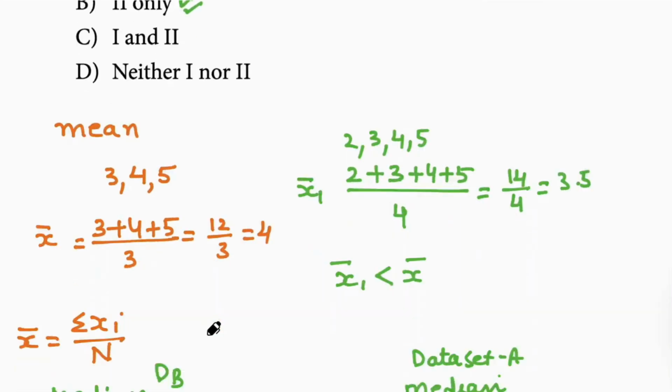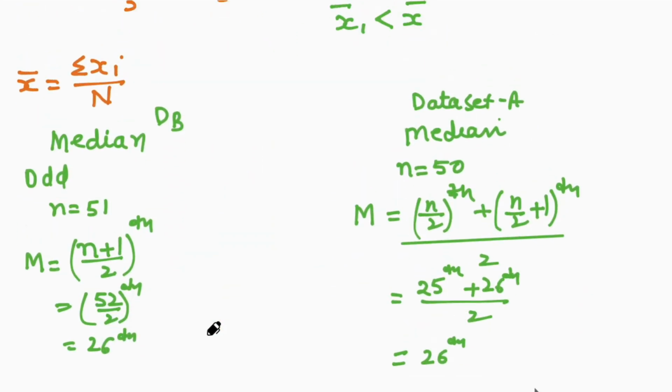Now I will leave a question for you. What do you think? If the observations are not equal, then will this median be less than this or greater than this? This is DIY for you.